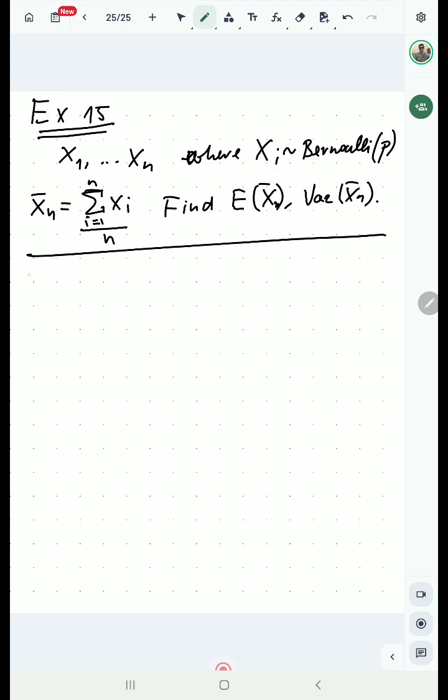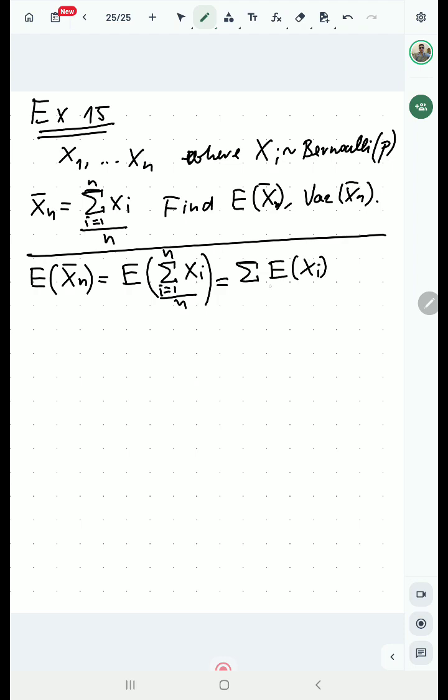For that, the expectation of x bar n is equal to the expectation of, let's plug in the definition of x bar n, the summation of xi, i goes from 1 to n, divided by n. We know that expectation is a linear operator, meaning that when you have an additive function, you can apply it to each element separately. So you can interchange the summation and expectation due to the properties of expectation. The expectation of xi, i goes from 1 to n, over n.